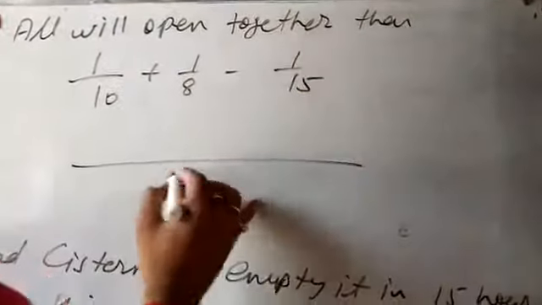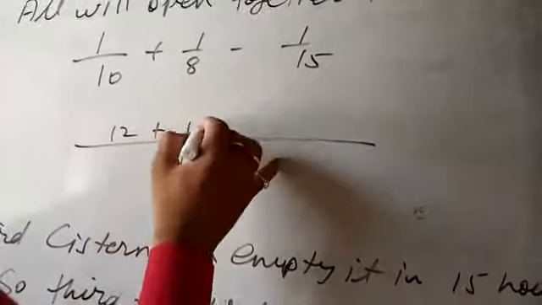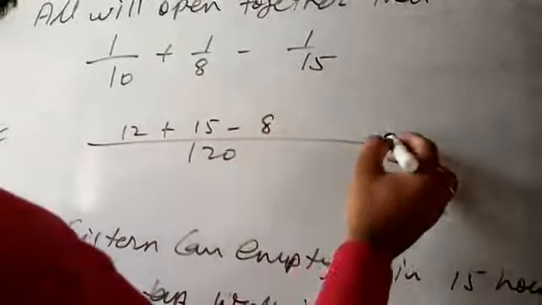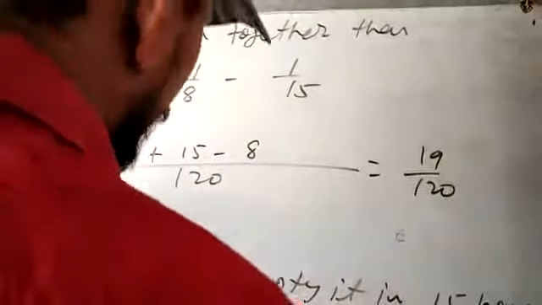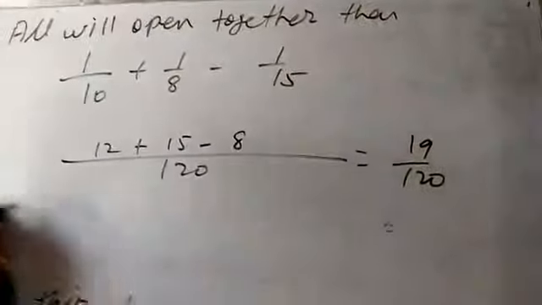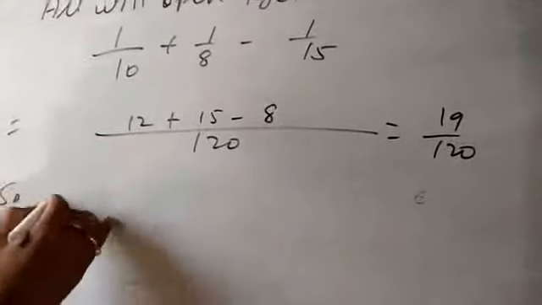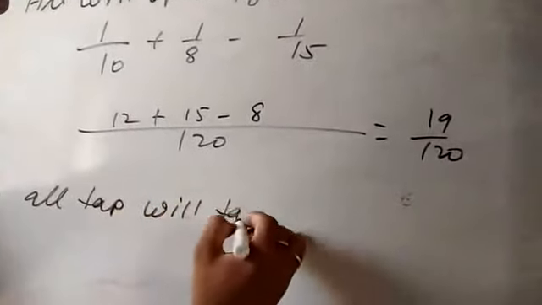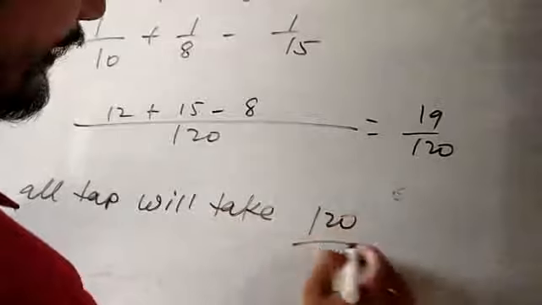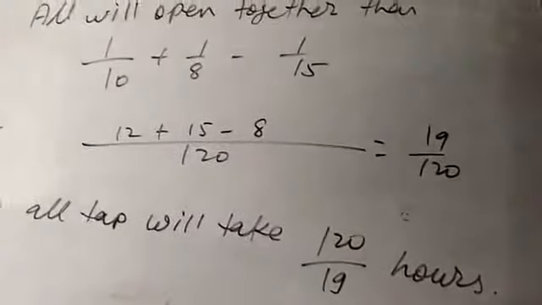So we'll take the LCM, we will get 120. 12, 15, 8. So 27 minus 8 is equal to 19/120. So all taps together will take 120/19 hours. Okay.